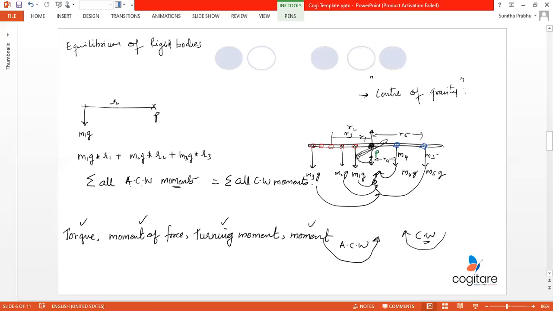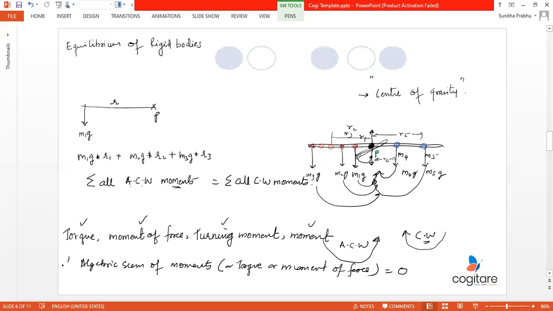So a particular point P around which the algebraic sum of moments, or torques, or moment of force, should be equal to 0.